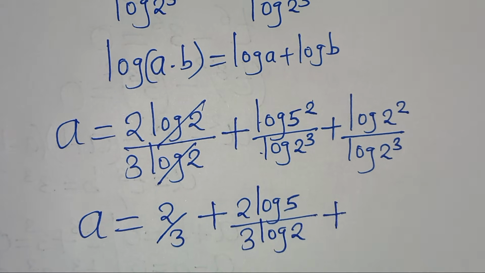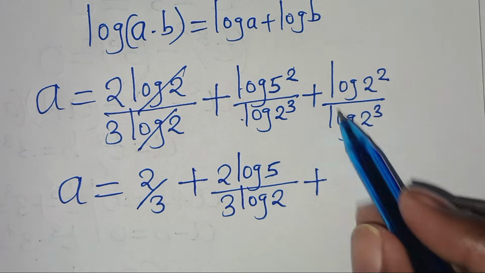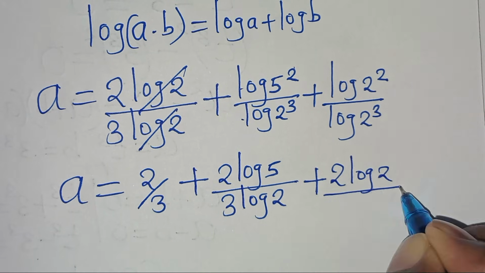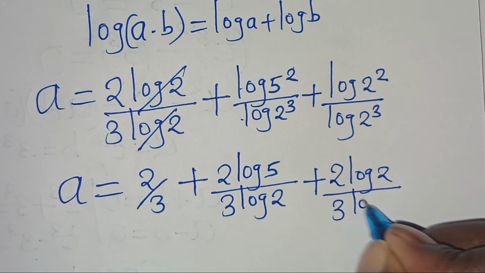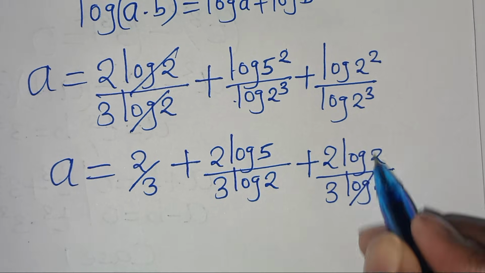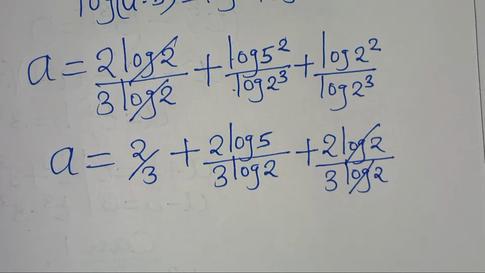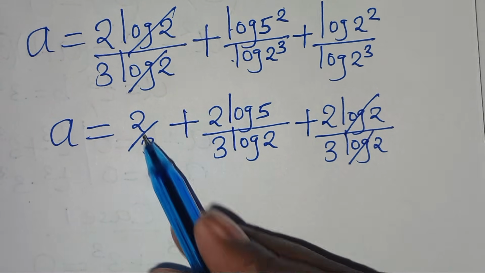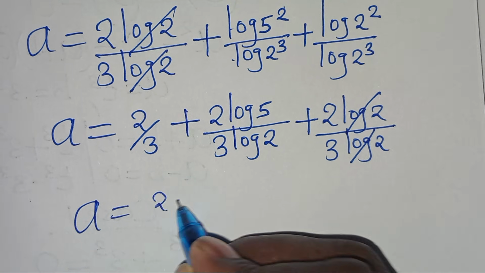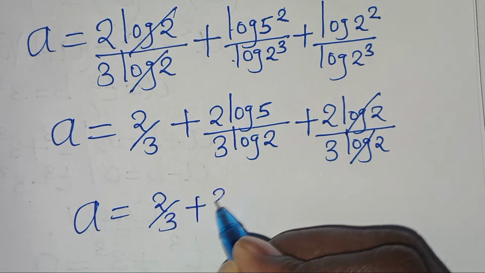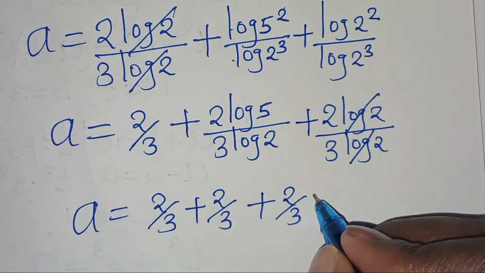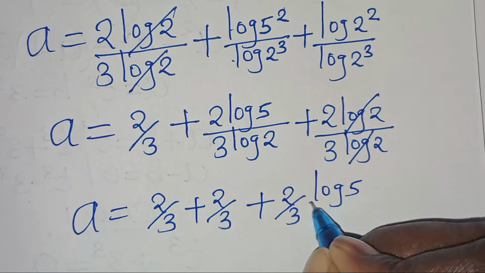Then plus log 2 to the power of 2 becomes 2 log 2, divided by log 2 to the power of 3, which is 3 log 2. So log 2 and log 2 again simplify, so now we have 2 over 3 plus 2 over 3 plus 2 over 3 times log 5 divided by log 2.